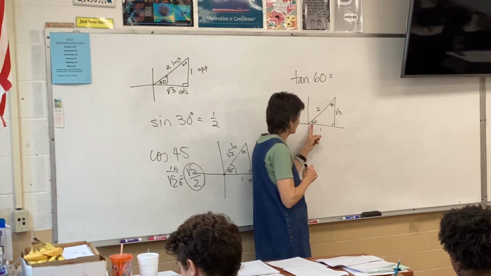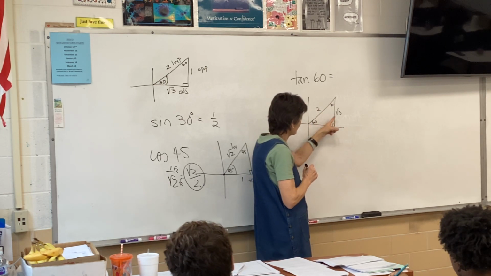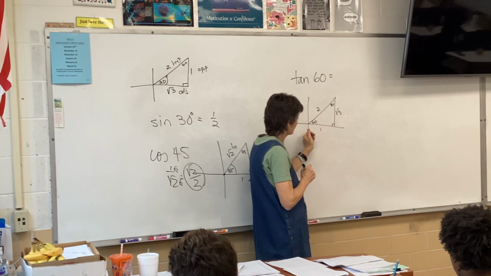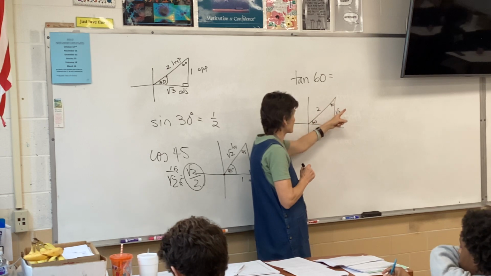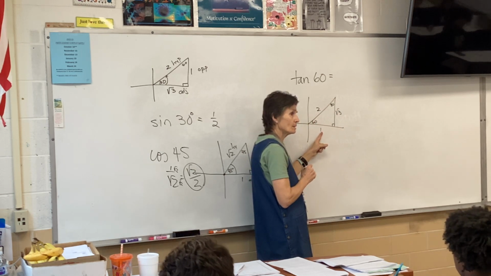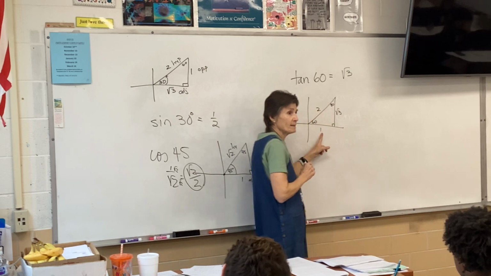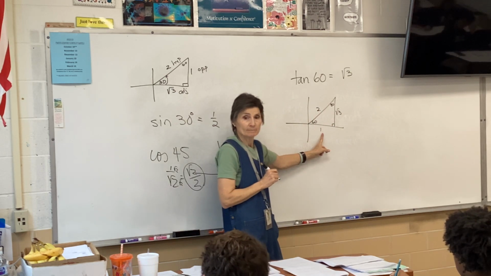And make a triangle, and then across from the 60 goes the root 3. Tangent is opposite over adjacent. Did you say root 3 over 1 or root 3 as your answer?